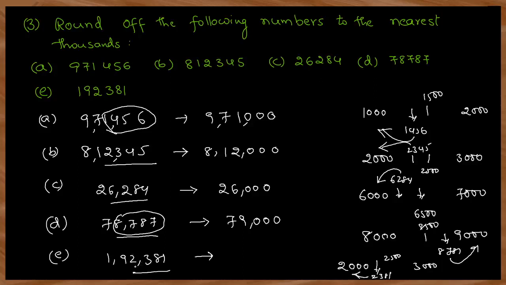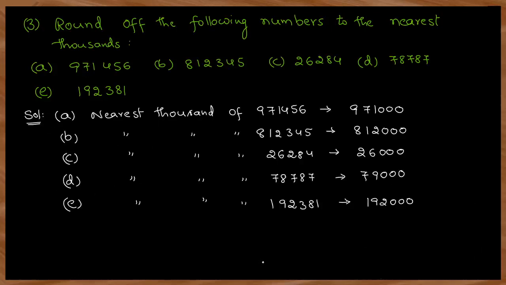So in place of 2,381, you can write 1,92,000. Just replace this 2,381 with 2,000. So this is the nearest thousand of 1,92,381. Now you can write this in the form of steps: nearest thousand of, like that you have to write. Now you can pause this and write the answers.